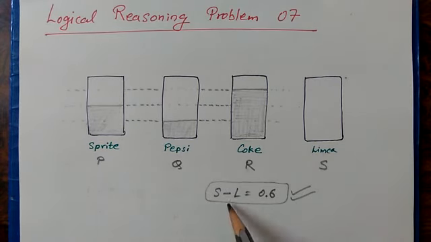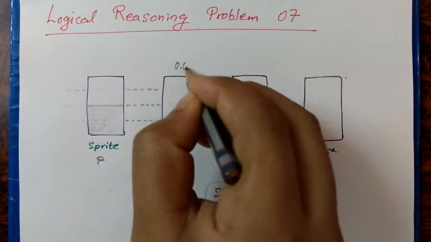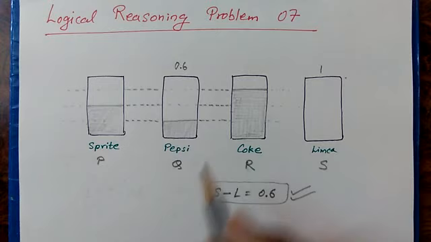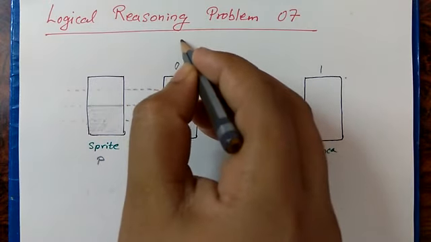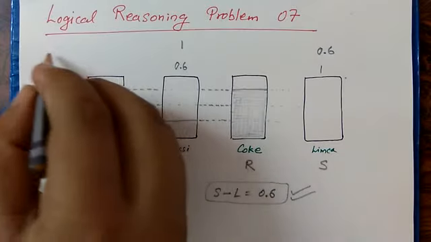Before using this equation, let me come back to the second last condition, that the bottle with Coke is between bottles containing 0.6 and 1 liter. So Coke is between the 0.6 liter bottle and the 1 liter bottle. There is another way we can create this combination if we put 1 here and 0.6 here. So now we have got two conditions.